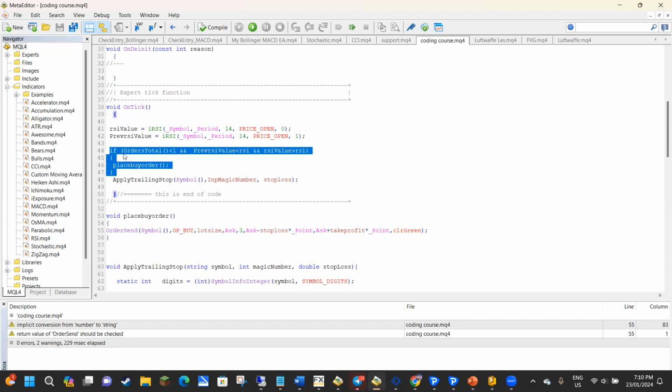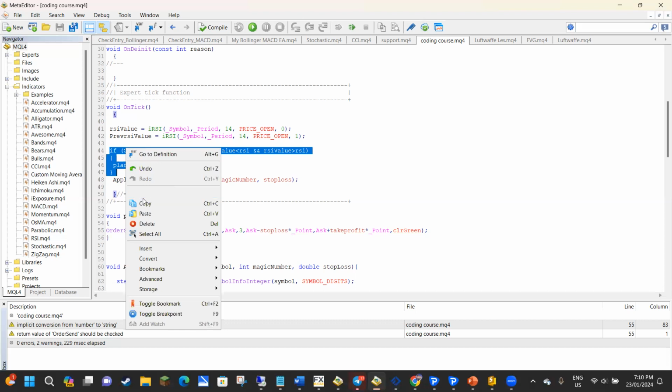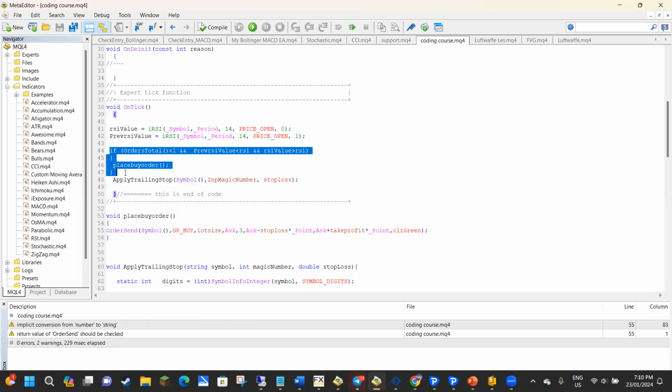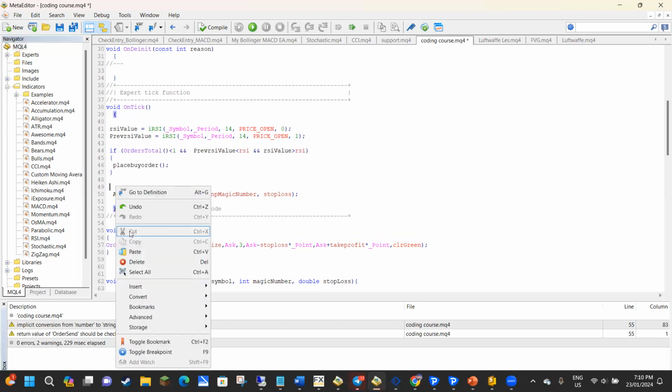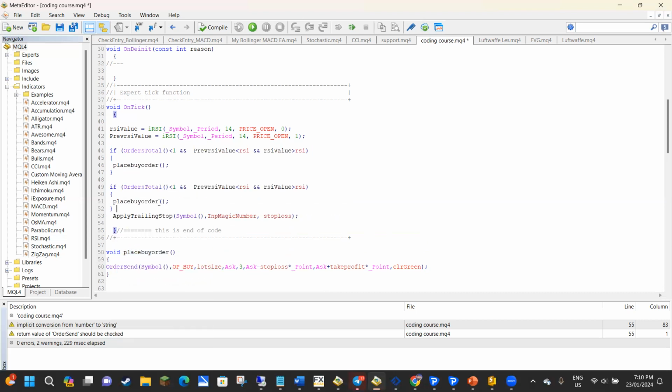Oh, I might as well do it. I'll just copy all of that trade logic for the buy orders. And we're going to do exactly the same, except we're going to say it needs to go, let me get this right, greater than RSI.